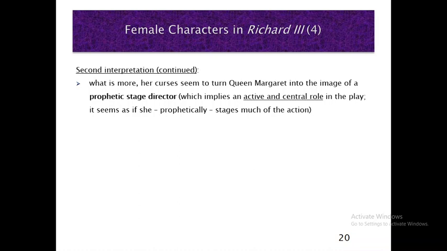And this implies an active and a central role in the play. It seems as if she somehow prophetically stages much of the action. Suddenly, this at least is an argument of the second interpretation, she seems to be far more important for the action and the outcome of the play than it seemed to be at the beginning.